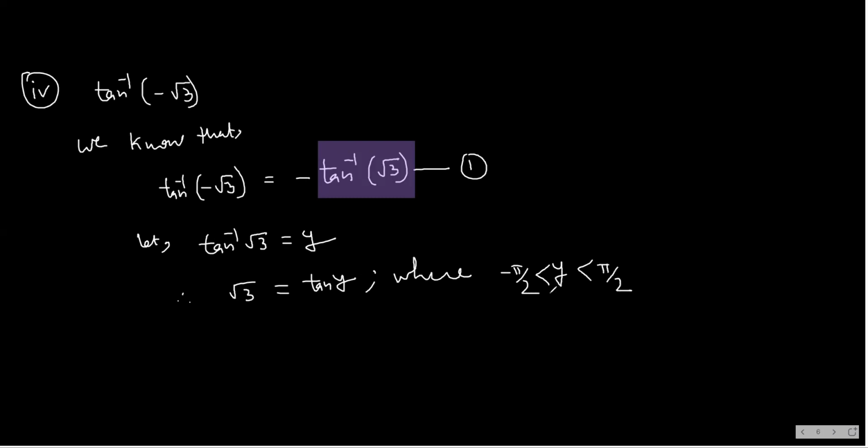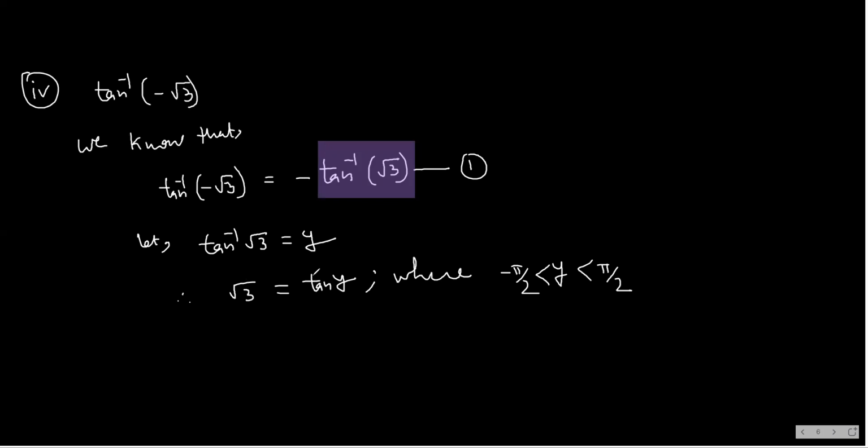It is the same as sine inverse. As you define sine inverse, for tan inverse the angle range is the same, the only thing is that equal to is not there. Why? Because tan of minus pi by 2 and tan of pi by 2 are not defined.